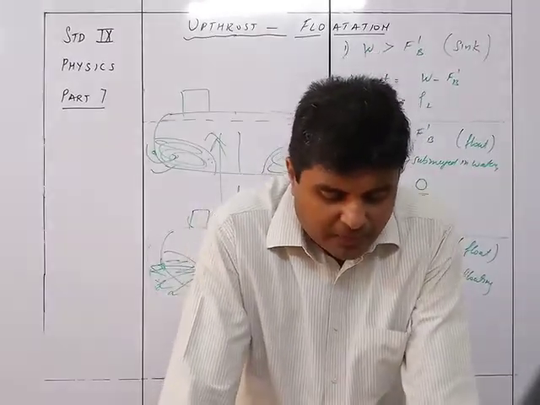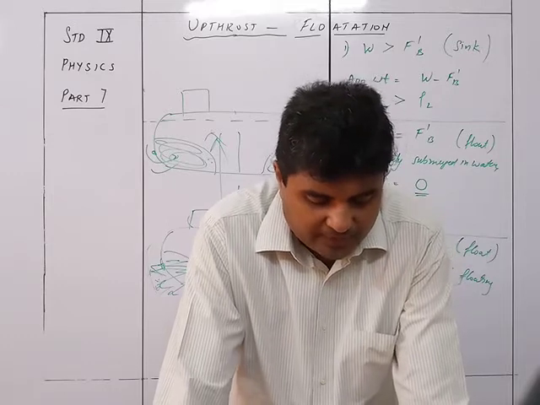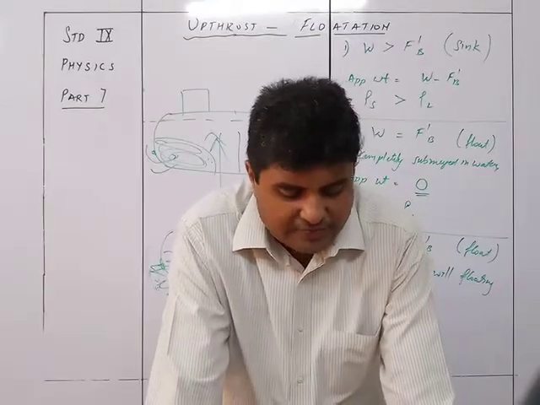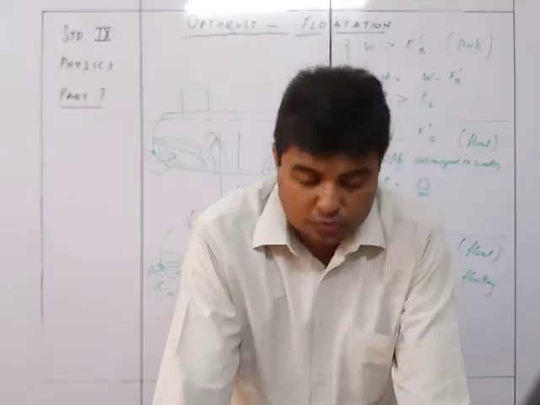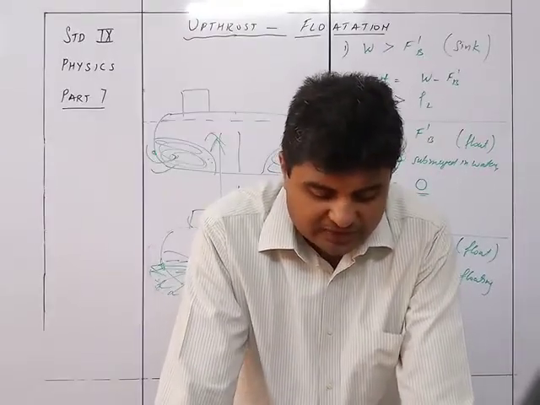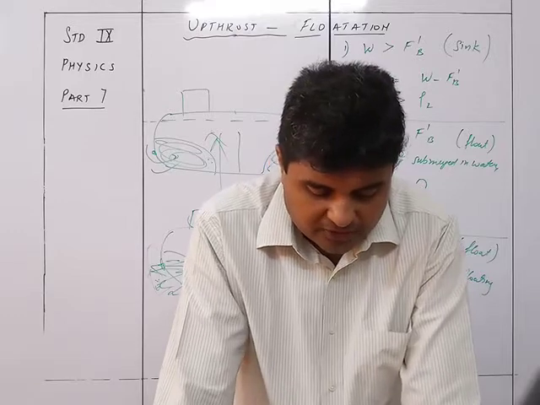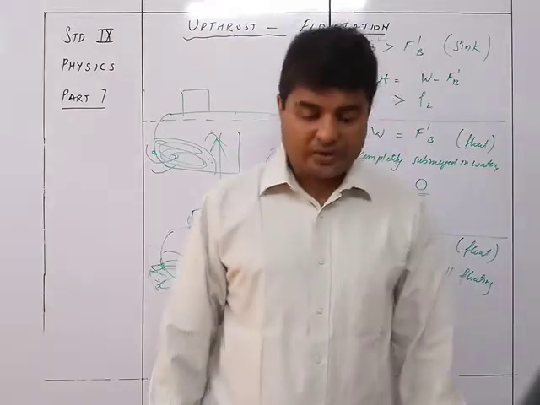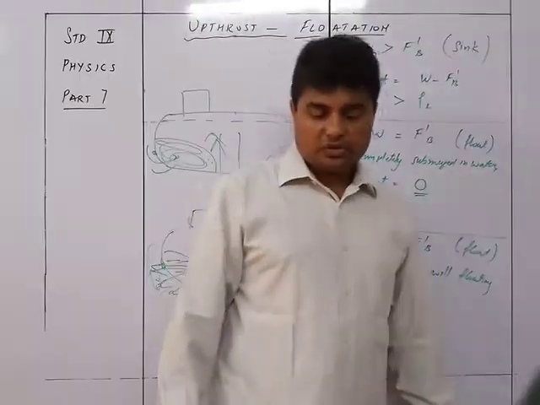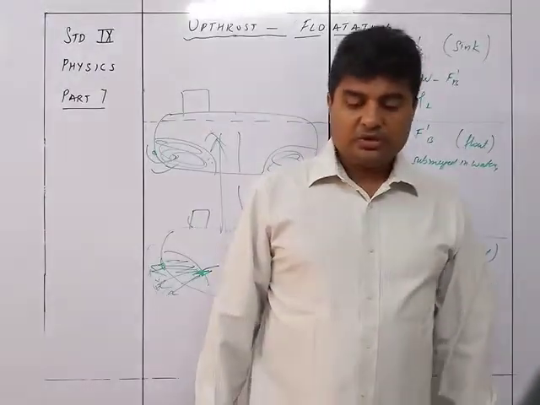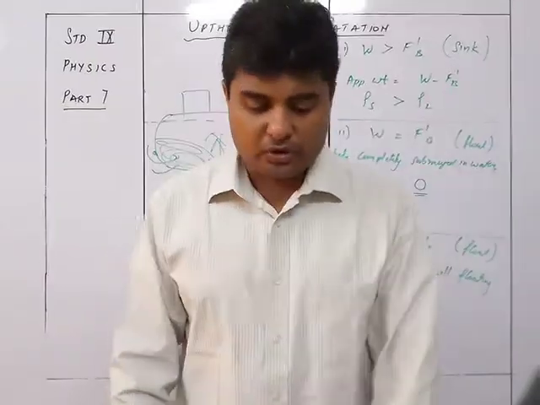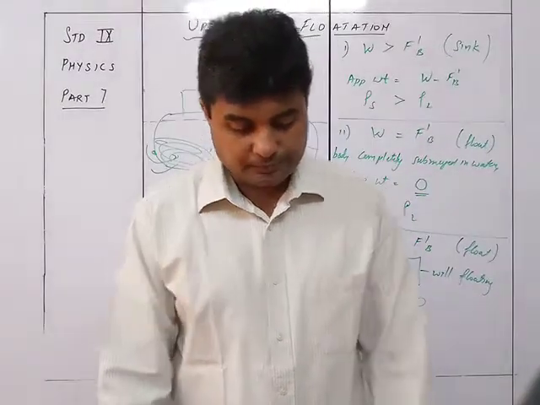So consider the volume of the iceberg above the water surface while floating. If the total volume of the iceberg is capital V and the volume of the iceberg submerged in water is small v, then by the principle of flotation, the weight of the water displaced by the submerged part is equal to the total weight of the iceberg. So v rho water G is equal to V rho ice into G. So small v upon big V is equal to rho ice upon rho water.